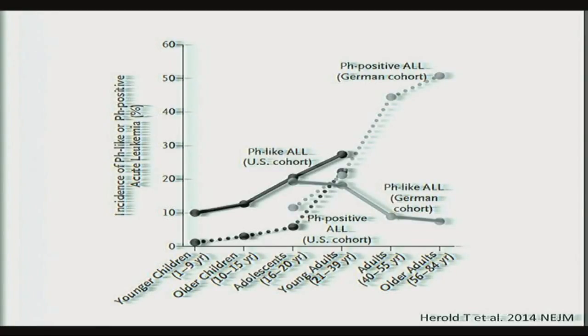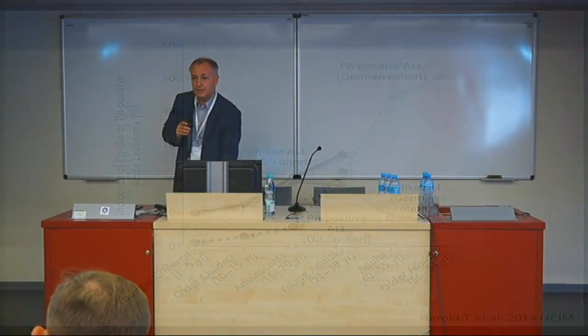This increased during the time, and later on, there's a peak for young adults of the frequency of this BCR-ABL-like, and later on, you will have only or mostly patients with Philadelphia chromosome leukemia.